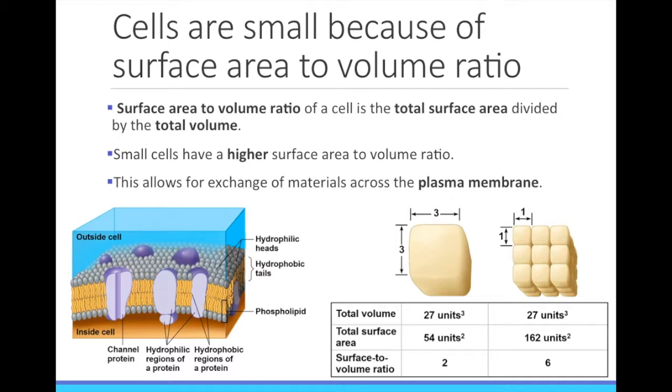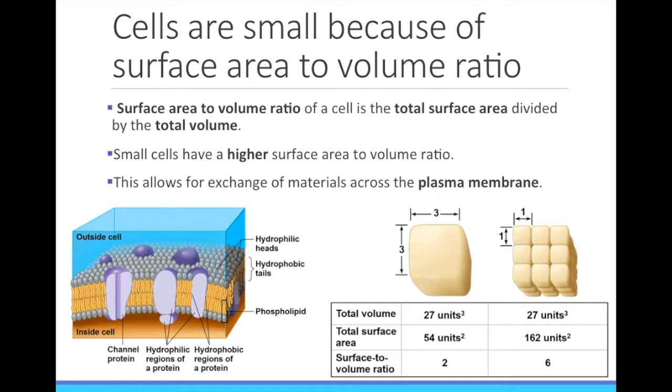We usually think of cells as spheres, but they can be many different shapes. For this example, let's pretend our cell is a cube. A cube that has dimensions of 1 by 1 by 1 would have a surface area of 6 and a volume of 1. This means that 6 divided by 1, the surface area to volume ratio, would be 6.